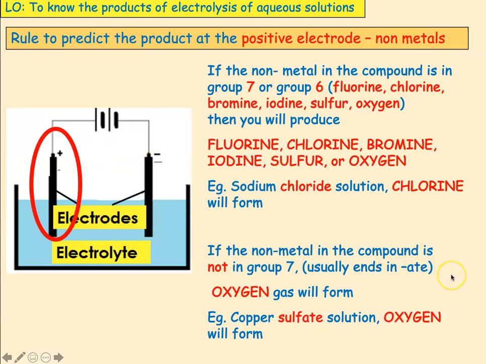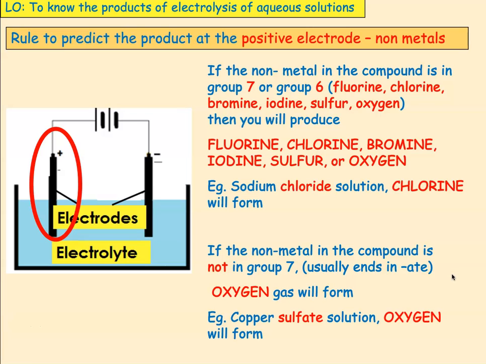Okay, the rule to predict the product at the positive electrode, the anode. If the non-metal in the compound is in group 7 or group 6, so you would have a fluoride ion, a chloride ion, bromide, iodide, sulfide or oxide, then you will produce the element fluorine, chlorine, bromine, iodine, sulfur or oxygen.